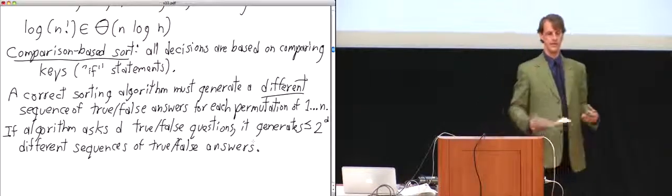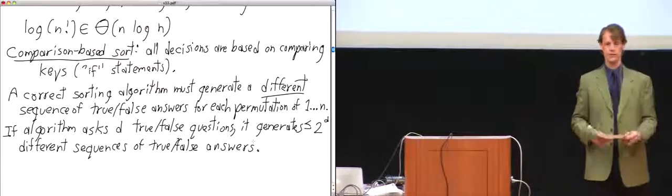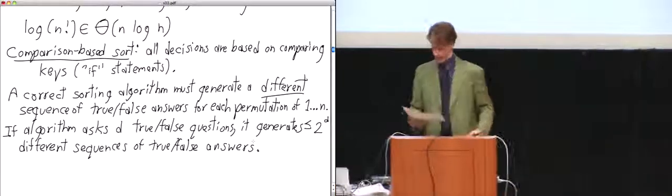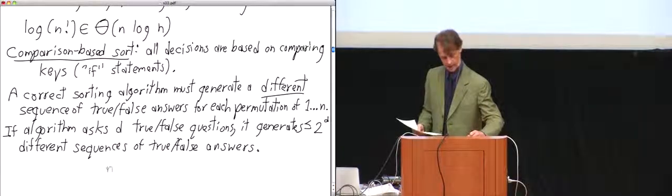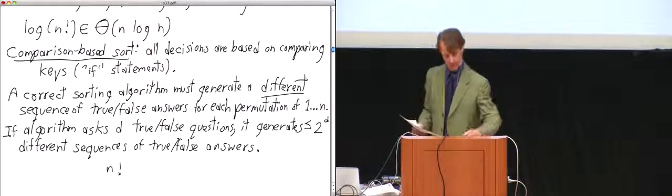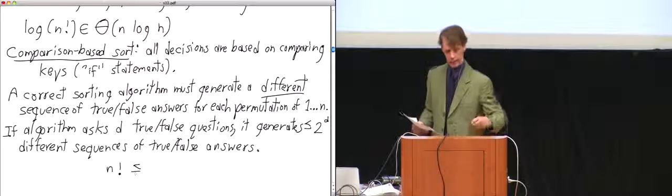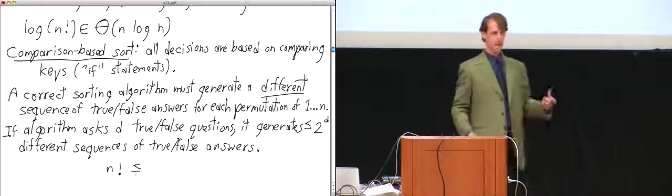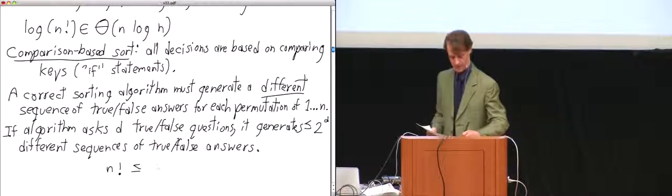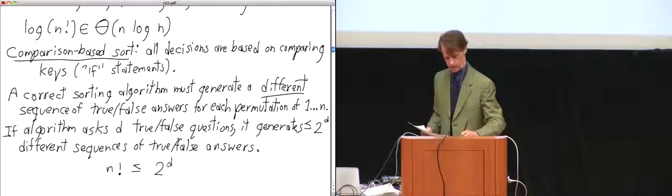But there has to be a different sequence for every possible permutation. So n factorial, the total number of possible permutations, has to be less than or equal to the number of different sequences we can get by asking d questions, which is at most 2 to the d.